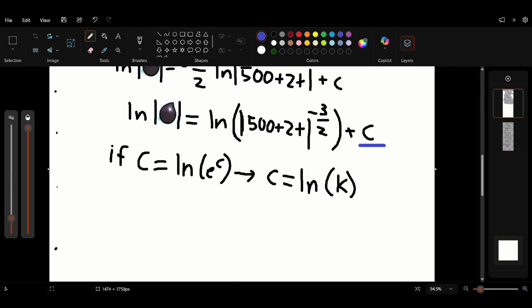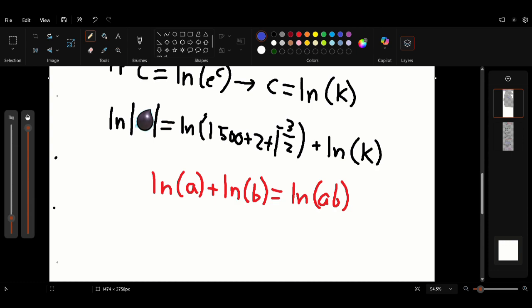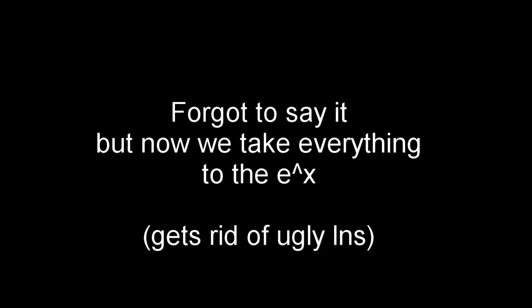So, this plus c right here is technically equal to ln of e to the c, which is just going to be c. But if we make c equal ln of k, where k is literally just e to the c, we can turn this equation into ln of Superfent equals ln of the absolute value of 500 plus 2t to the power of -3/2 plus ln of k. Now, remember guys, that an ln of a plus an ln of b is just going to equal ln of a times b.